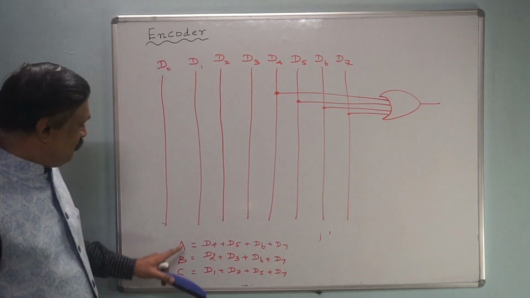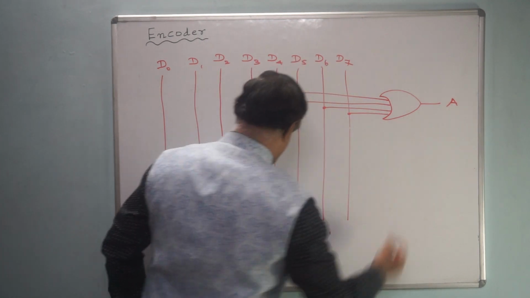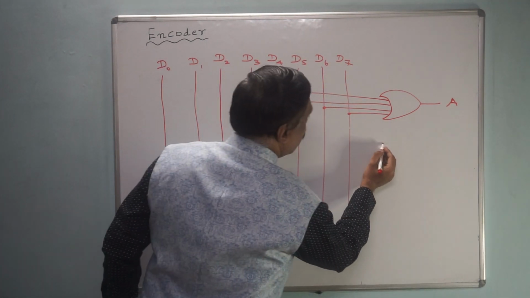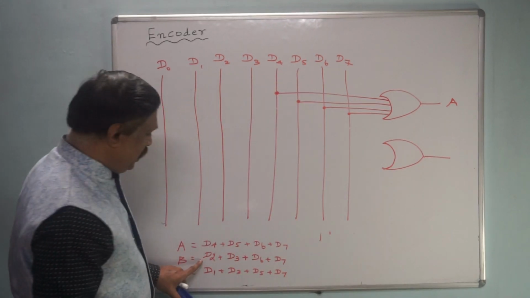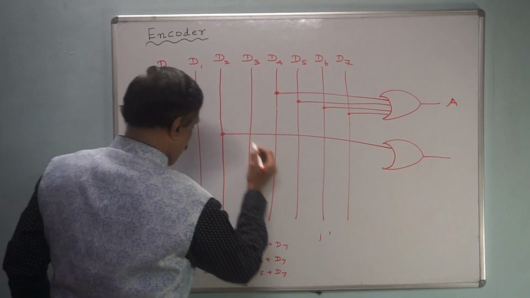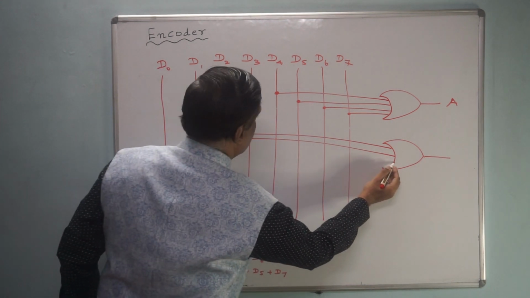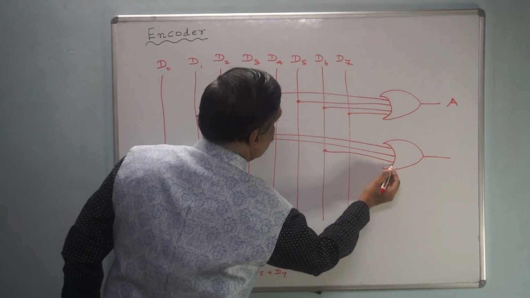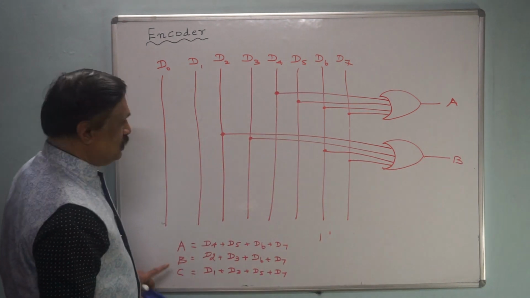This is the A output. And for B, again 4 inputs will be there: D2, D3, D6, D7. Now you connect D2, D3, D6, D7.